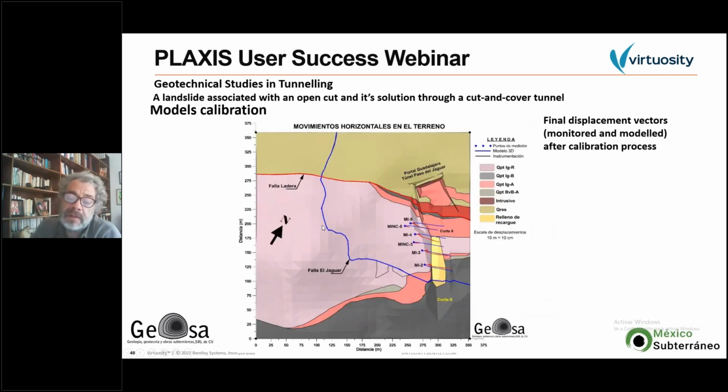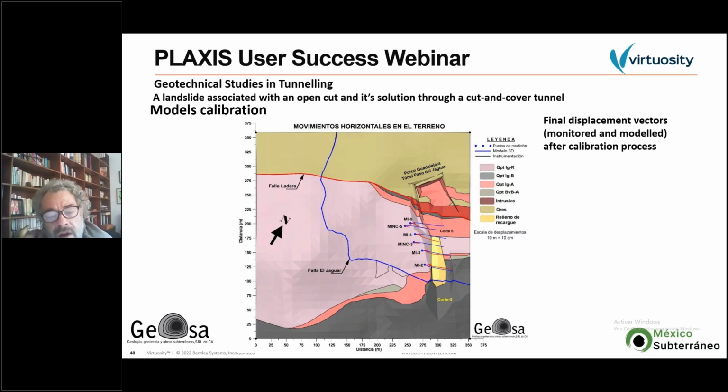And the best result we got is this reproduction, as you can see, of the horizontal movement at the control points we had on the surface. So you can see the real vectors are these red ones, which were monitored during the campaign, and the blue vectors are what we got with the 3-dimensional PLAXIS model.